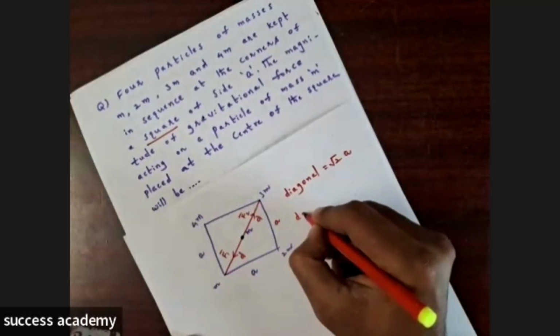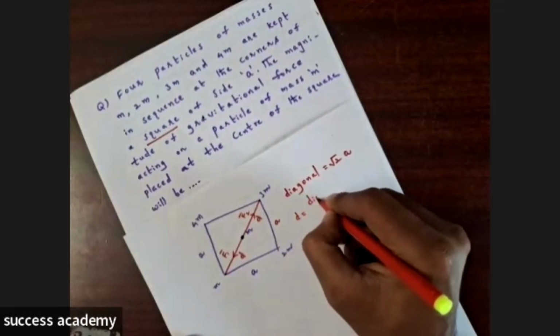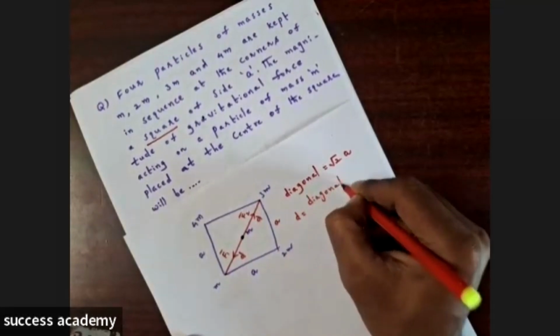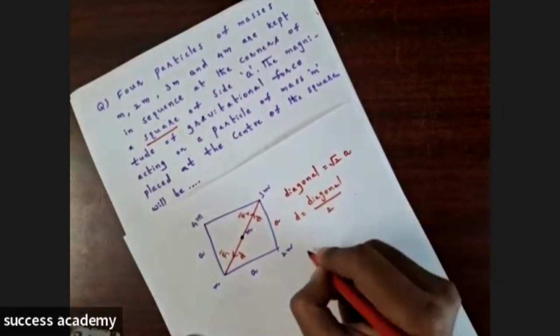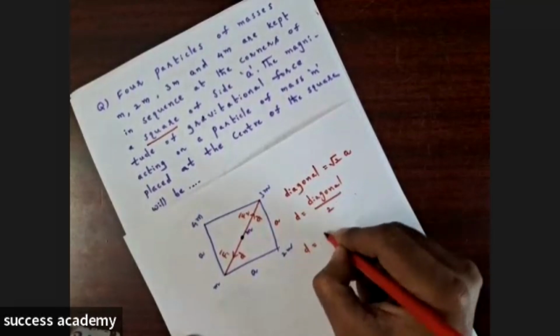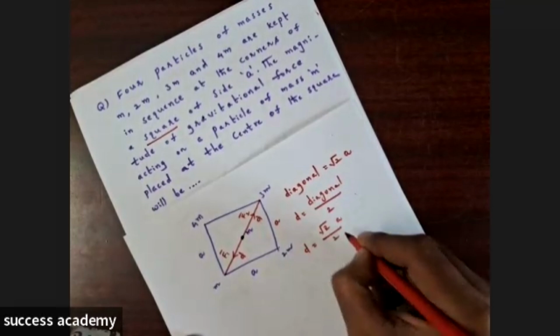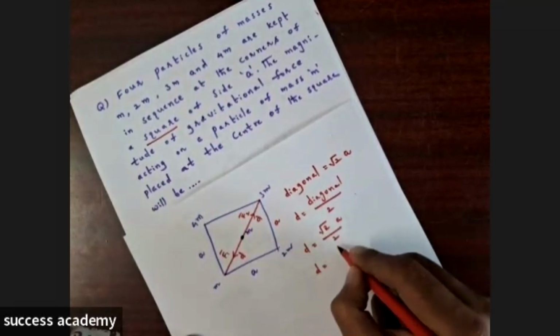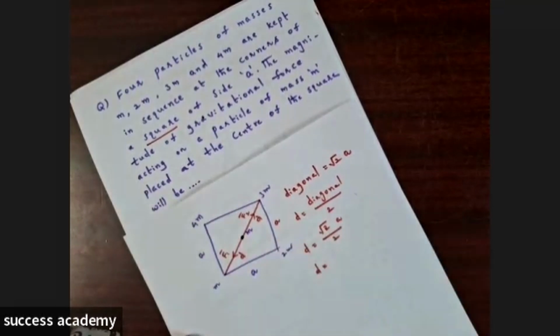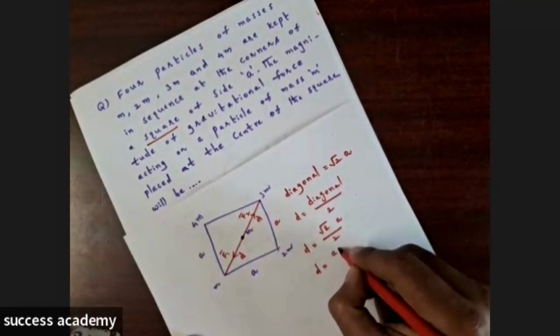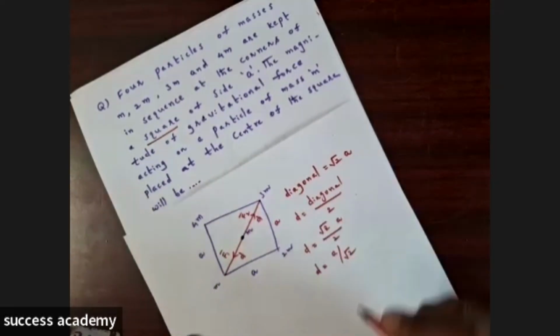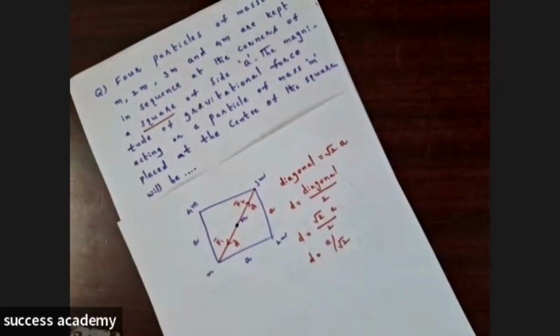So small d is equal to diagonal by 2, that is root 2 a by 2. Then 2 can be written as root 2 into root 2, so I am taking it as a by root 2.